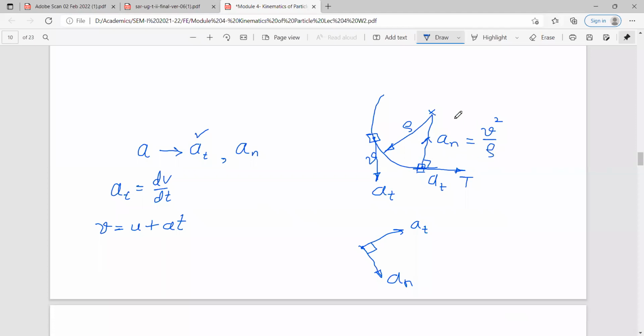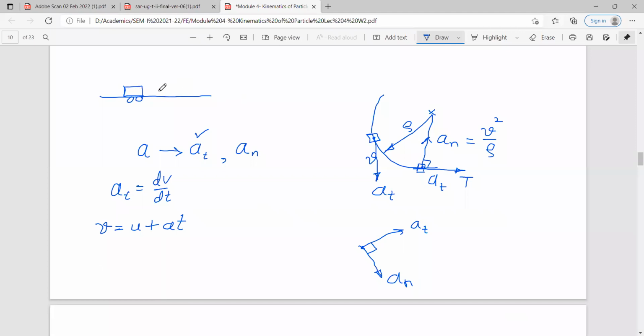Okay, so it is the analysis when a particle moves along a curvilinear path. Its path is not a line, like a car which is moving on a straight road surface. So its motion is linear, it is moving in line.